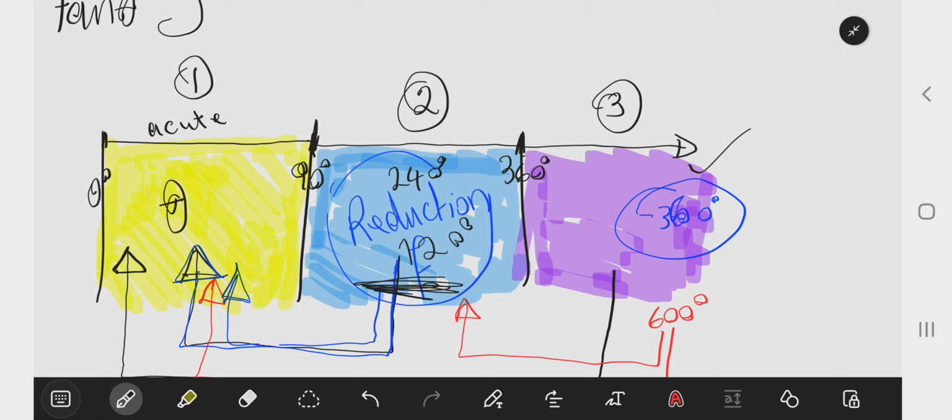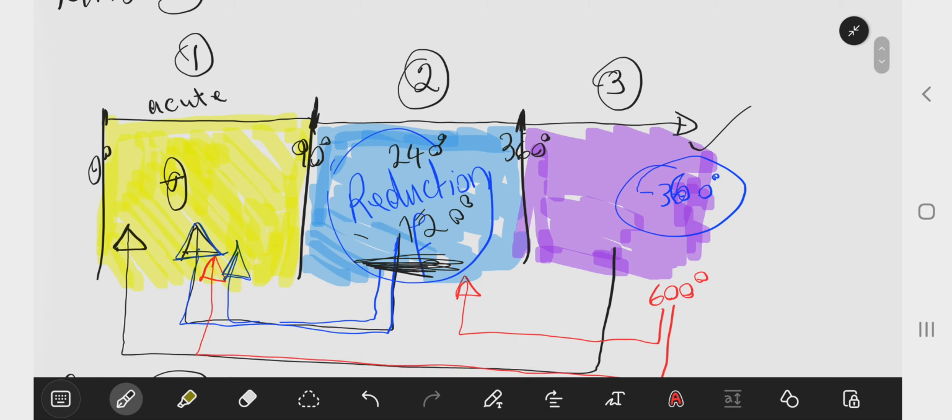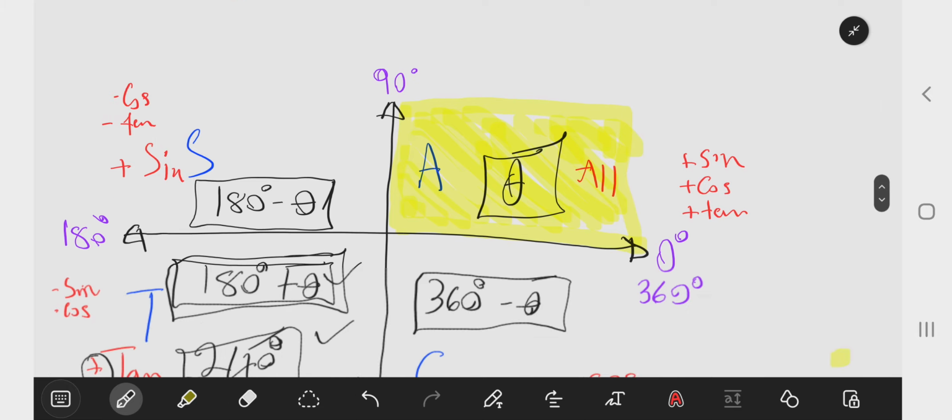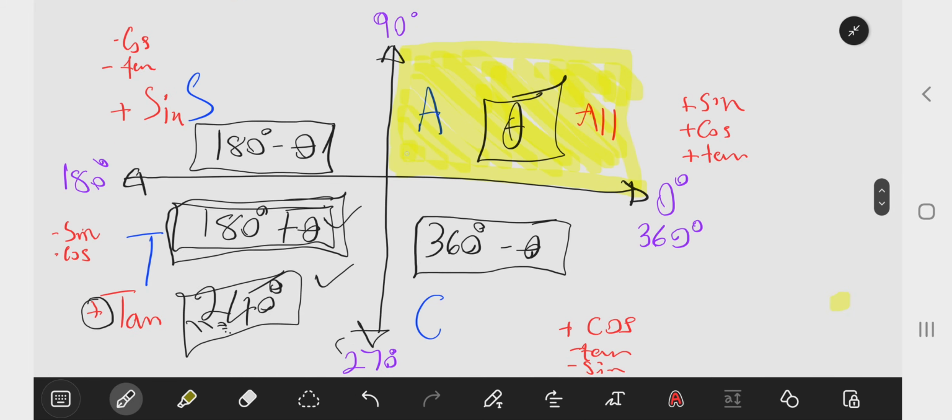And in this region, I said we use reduction formulas, right? And now let's see, where does 120 fall? 120 degrees is less than 180 but greater than 90, so it falls in the second quadrant, right? So in the second quadrant, which reduction formula do we have to use?